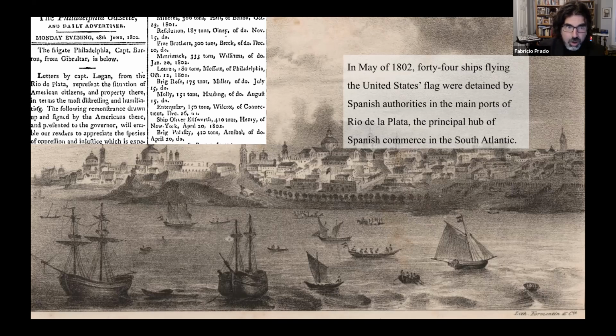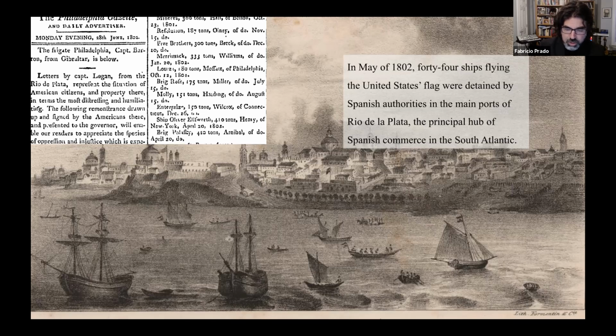In the pages of the Philadelphia Gazette, a gentleman from Buenos Aires demanded that the US government intervene in favor of American traders. A merchant from Philadelphia even requested that President Thomas Jefferson send a state ship to liberate these stranded vessels.